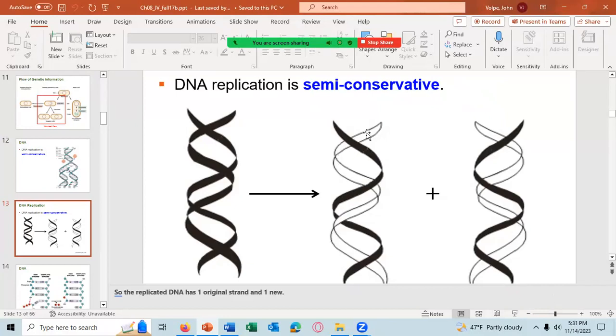This differs from the conservative model of DNA replication, where people proposed that one cell would have two strands of newly replicated DNA, and the other cell would have two strands of original parent DNA, or two black strands. The conservative model of DNA replication does not occur. It's the semi-conservative model that actually occurs. And don't ask me what the liberal model of DNA replication is, because I don't know.